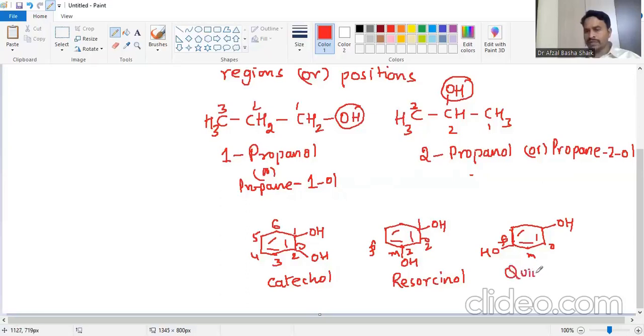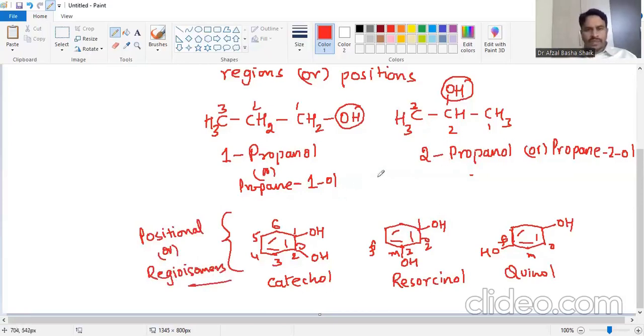This is called phenol. All these comprise the positional or regioisomers, right? So this is the meaning of positional or regioisomers, right?